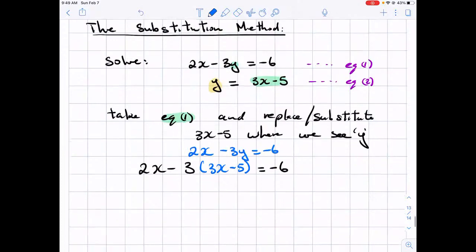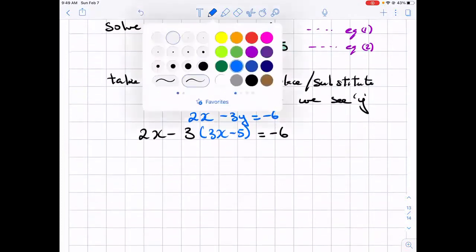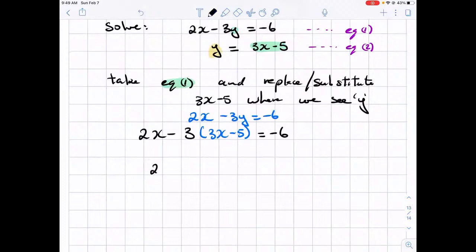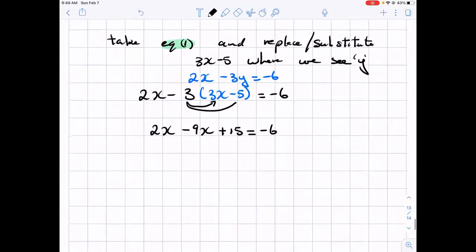Okay, so if we simplify this now, this becomes 2x minus 3 times 3x becomes minus 9x, minus 3 times minus 5 becomes plus 15, and that is equal to negative 6. Combining like terms, 2x minus 9x becomes minus 7x plus 15 is equal to negative 6.